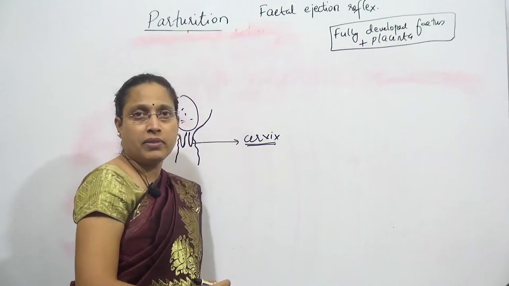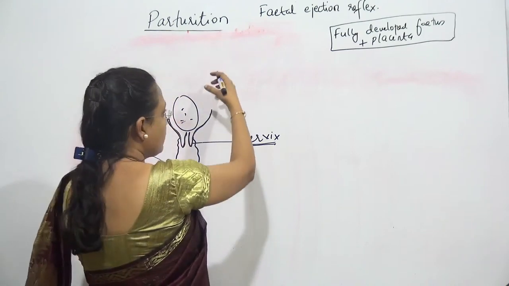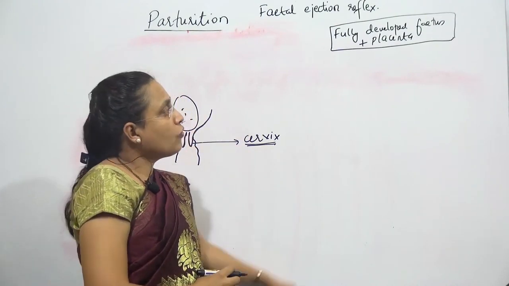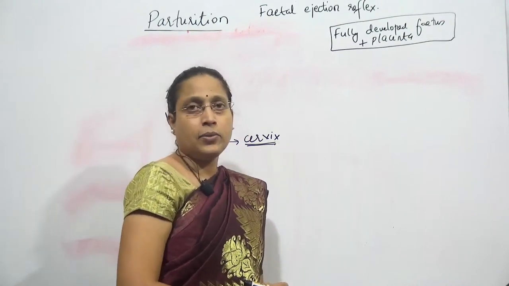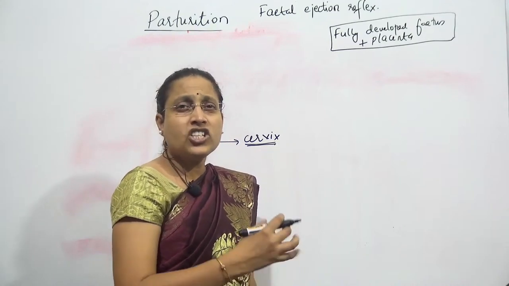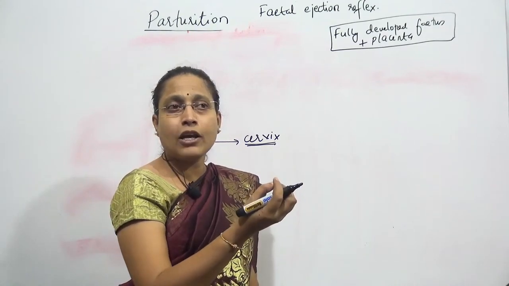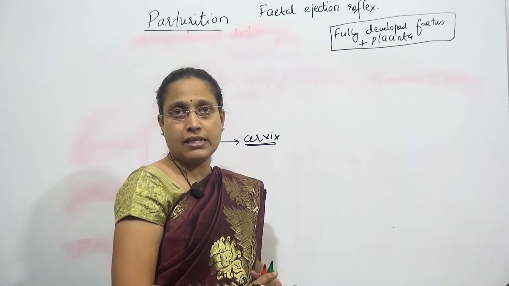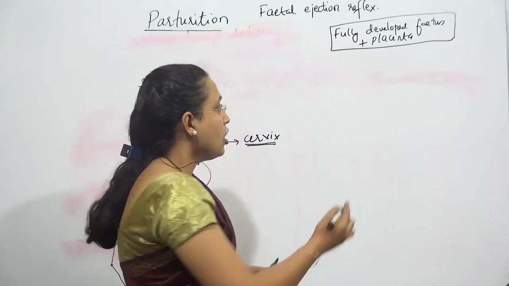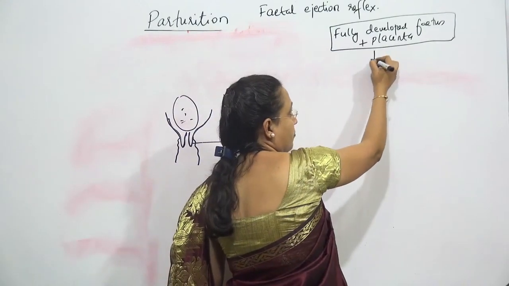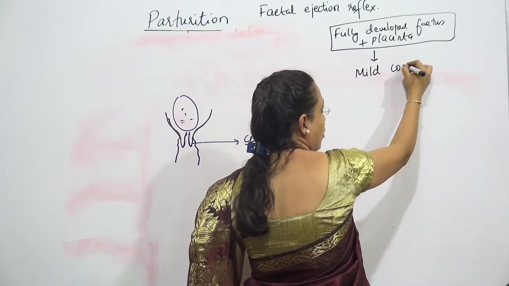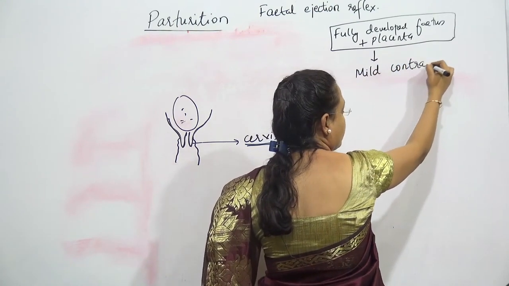Smooth muscles will be there in the uterus, and those muscles will contract. So the fully developed fetus and placenta initially induce some mild contraction in the uterus at the starting stage, not at the late stage.